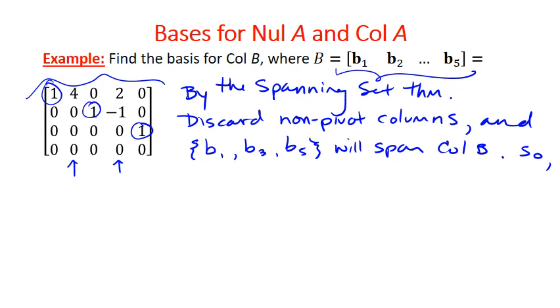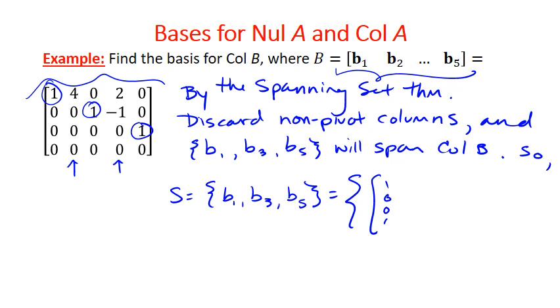So S equals b1, b3, and b5, which is equal to the set given here. And these are just the first, third, and fifth columns.